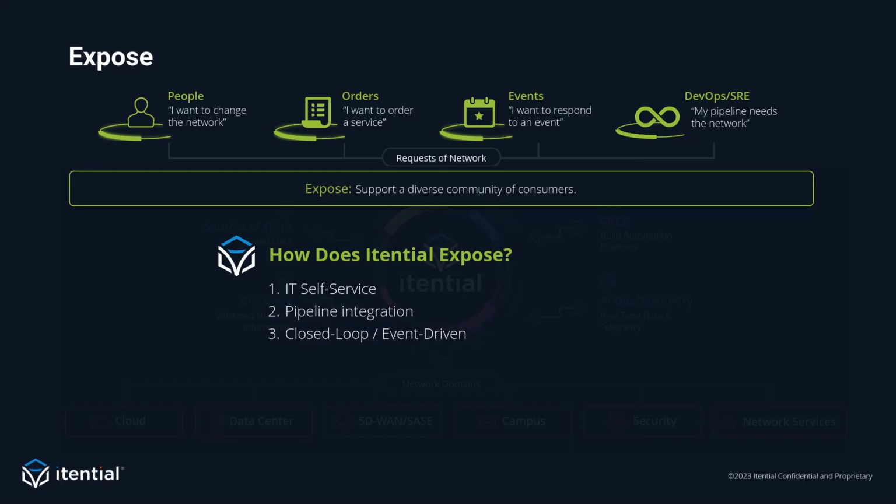Thanks, Karan. That was great. I think that one of the things that we firmly believe here at Itential is that the real value of any platform is how it can be consumed, how it can be exposed, how easy it is for different stakeholders within the organization to be able to utilize the power of automation.